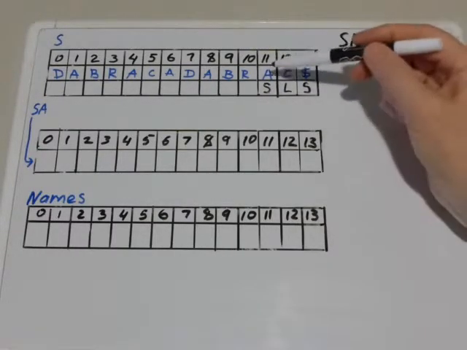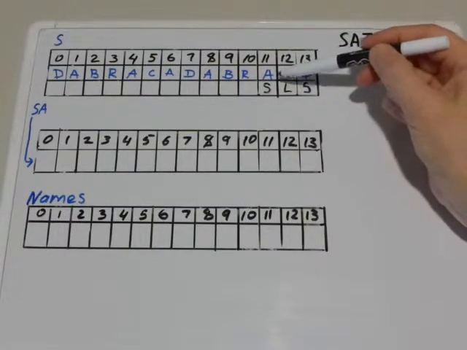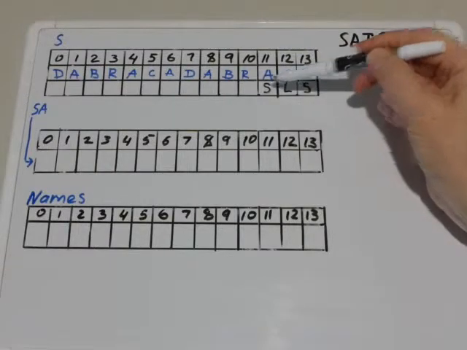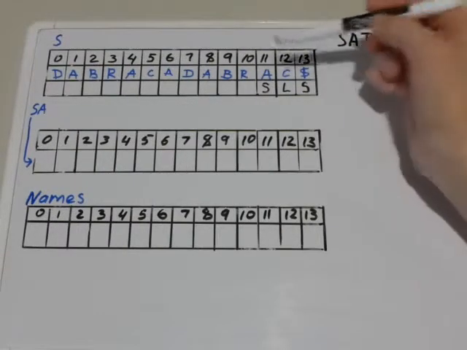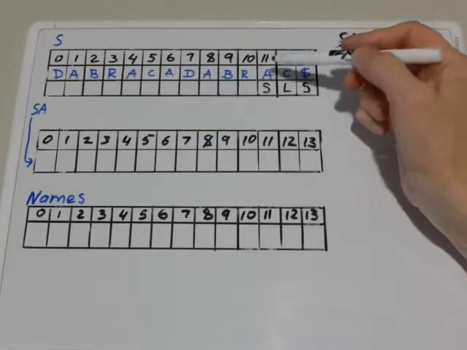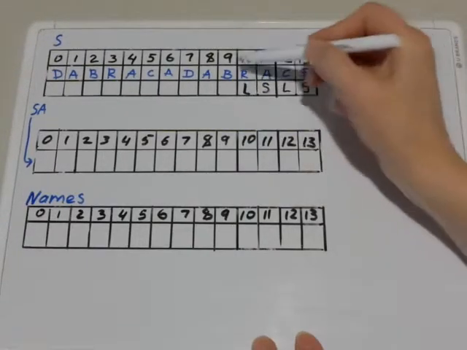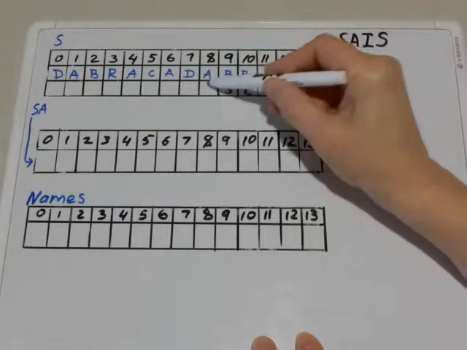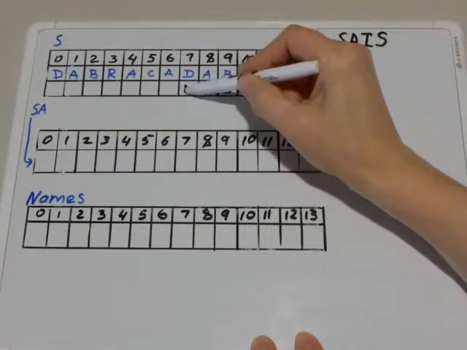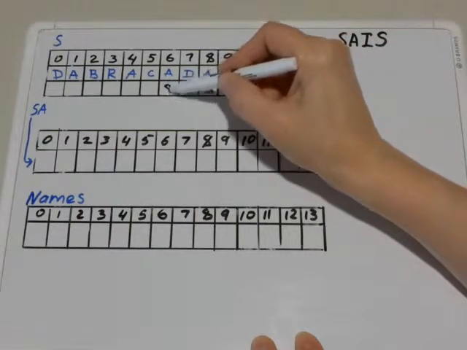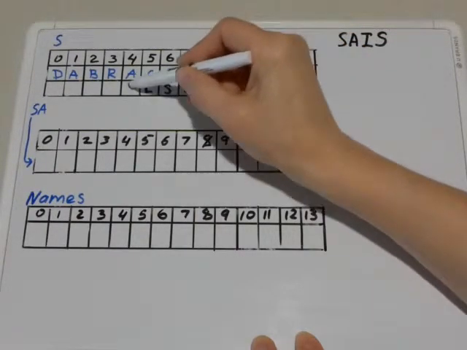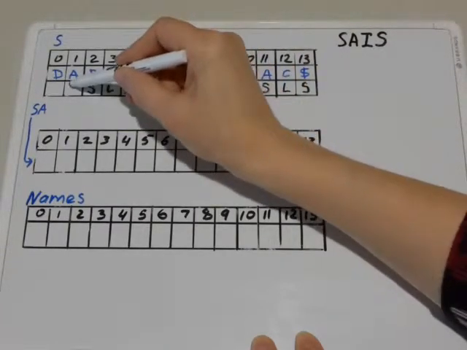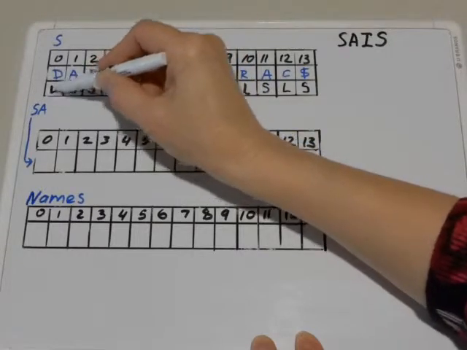If the characters are the same, then you just copy the type of the next character into the current entry. R is greater than A, so it is L type. B is less than R, so it is S type. A is less than B, so it is S type. L, S, L, S, L, S, S, L.